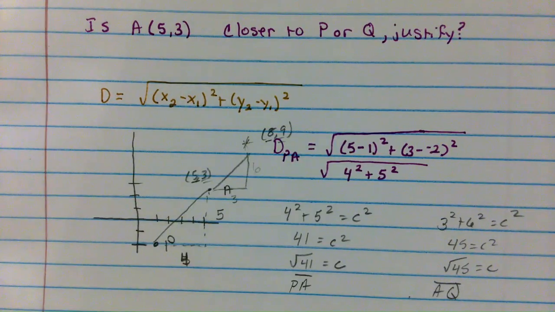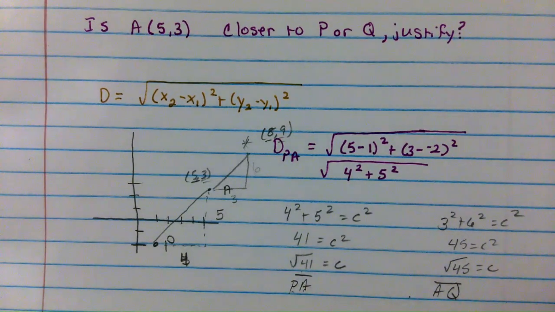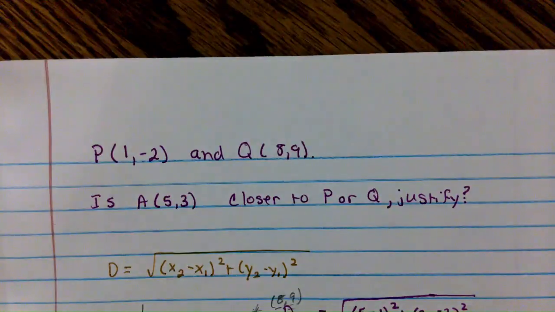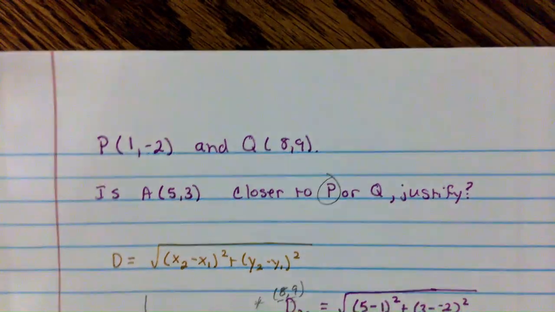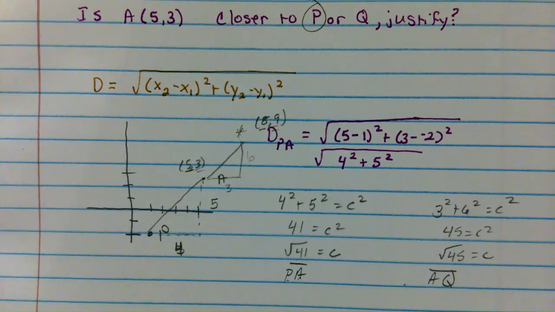P to A or A to Q? I'm getting P to A, which means A and P are closer together than A and Q. So is A closer to P or Q? It's closer to P. And a lot of times in math, you can utilize your algebra right there as your justification. The square root of 41 is smaller than the square root of 45.